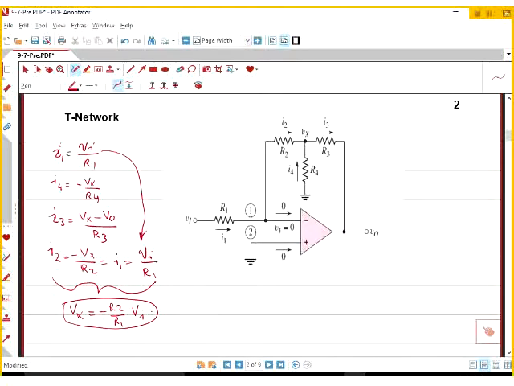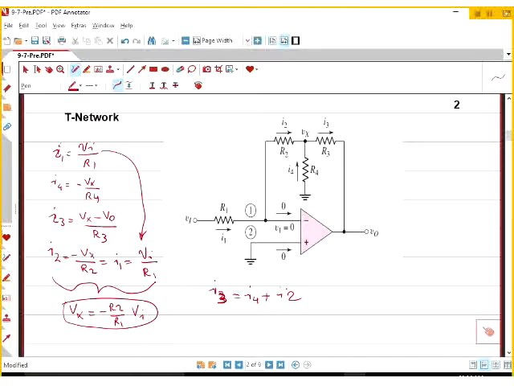And if you replace this back into the third equation, we had I3 equals I4 plus I2.